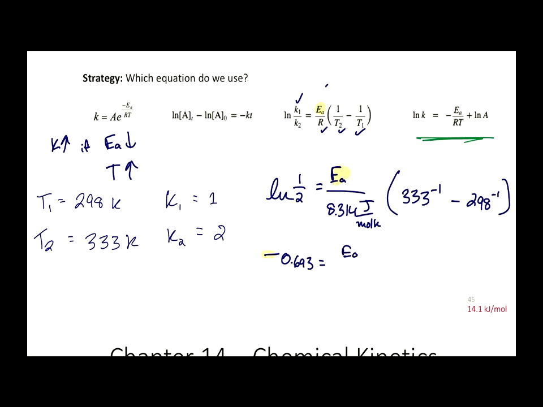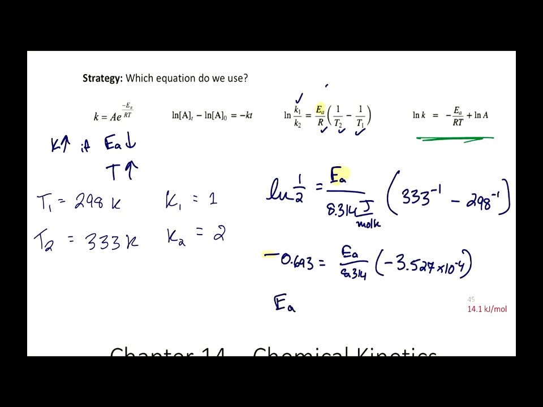All of that in the parentheses is negative 3.527 times 10 to the negative 4. So just move things around: 0.693 times 8.314 divided by that number we just got. So we get that activation energy.